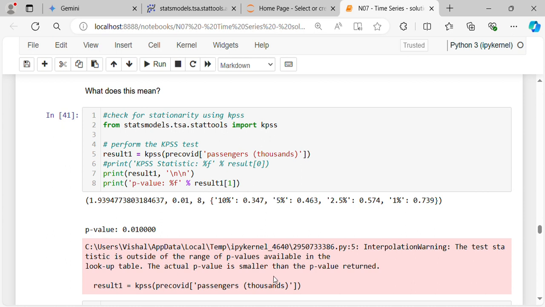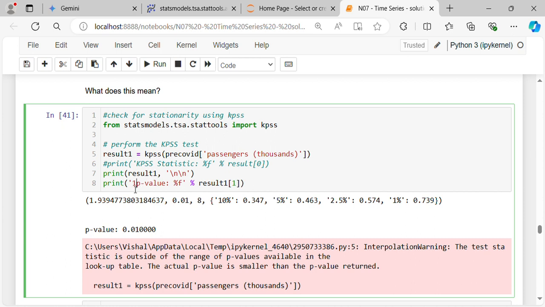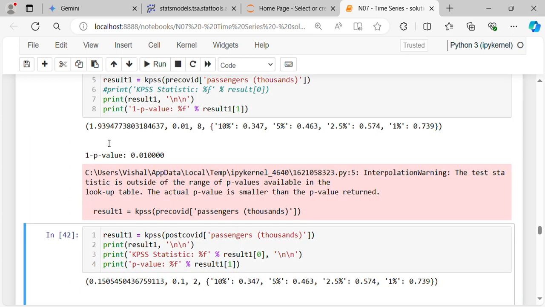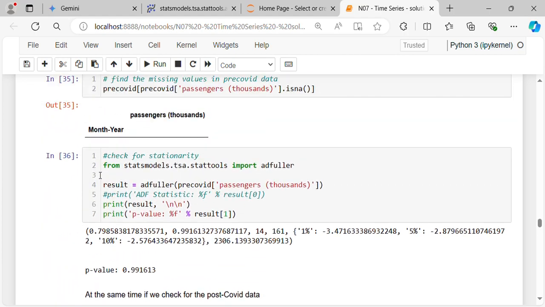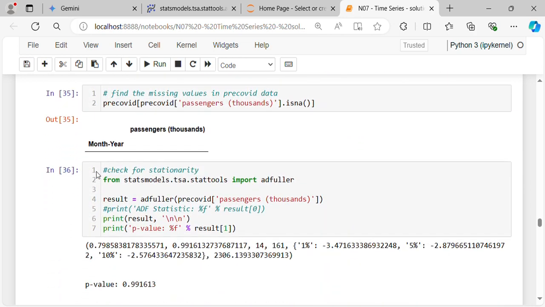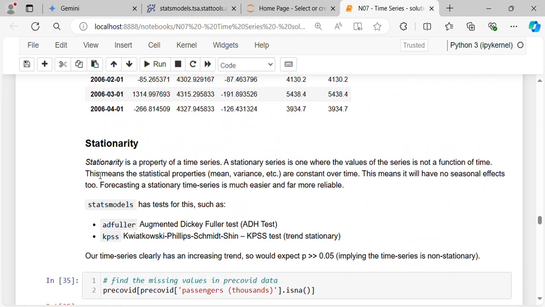So the actual p-value is smaller than the p-value retained, and the p-value retained will be 1 minus 0.01. Okay, so the time series is non-stationary.